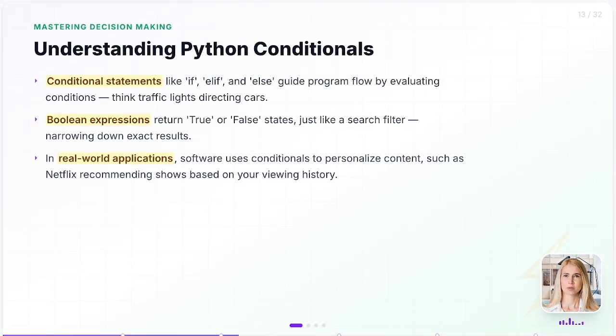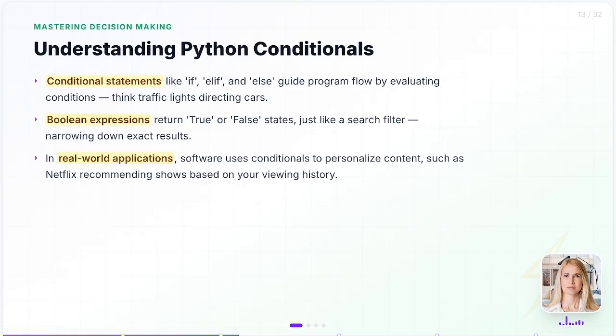Imagine you're baking a cake and the recipe tells you to bake for 30 minutes, but to keep checking if it's golden brown. Conditionals in Python work similarly. They help your program make decisions when outcomes may vary. Think about how Spotify recommends songs. It uses conditionals to match musical characteristics to your taste, like if the tempo exceeds 120, suggest upbeat tracks.